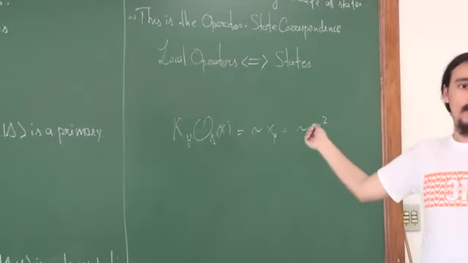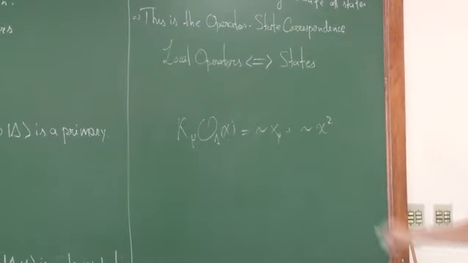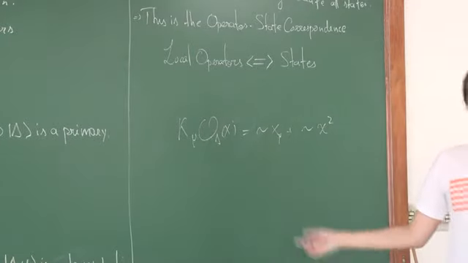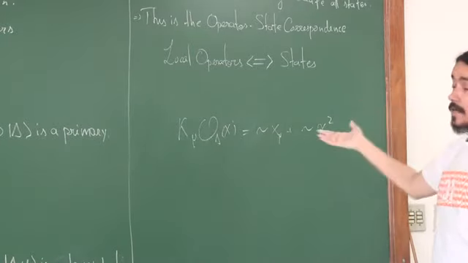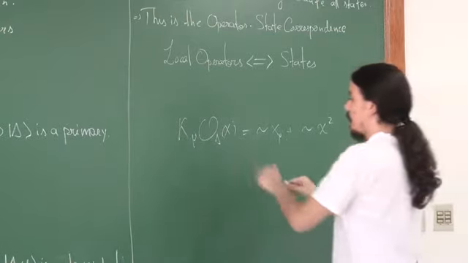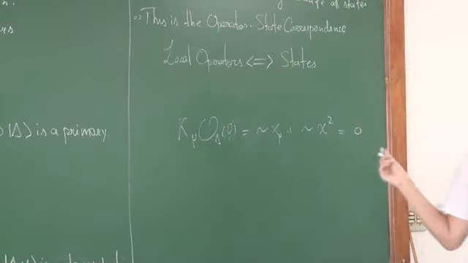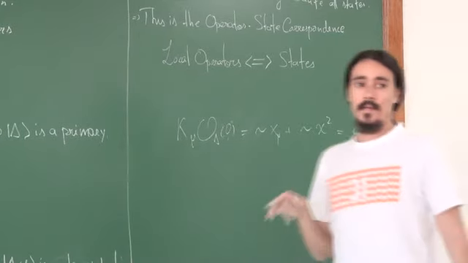Okay, there are no constant terms here. So this told us that any operator at the origin is necessarily a primary. Okay, because if I take this guy at the origin, then x is 0, so this side is 0, identically. Okay, so any operator at the origin is a primary.